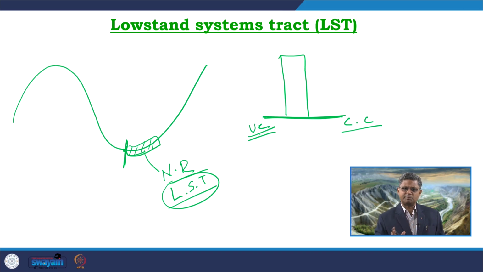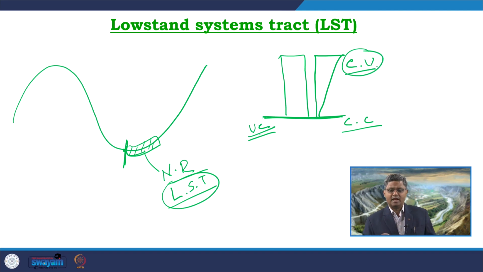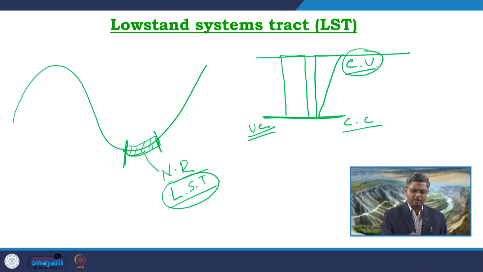As we expect during normal regression, there is an overall coarsening upward succession. We can always expect a coarsening upward succession during the LST phase, and when we reach the end point of this LST within the base level change, it changes into the next systems tract, the transgressive systems tract, TST, which we have already discussed in an earlier class.